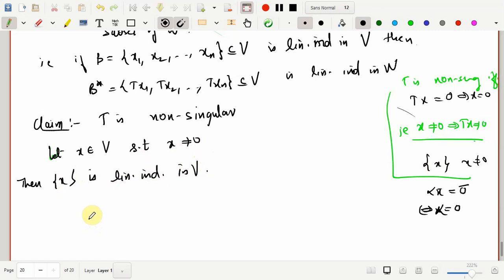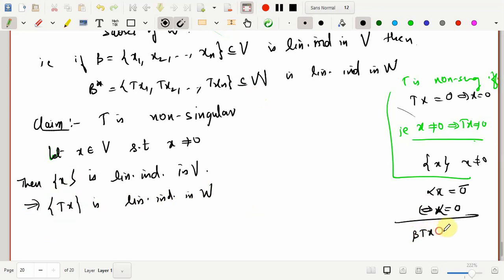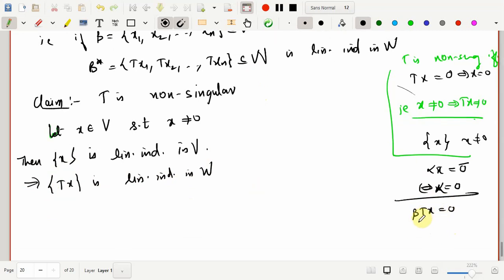Okay, so now by the hypothesis, if we have a linearly independent subset in V, then its image set is also a linearly independent subset in W. So this implies that {Tx} is linearly independent in W. Once again, the same strategy: since this is a singleton set that is linearly independent, suppose I have a scalar beta with beta Tx = 0. Since it is linearly independent, this implies that beta = 0.